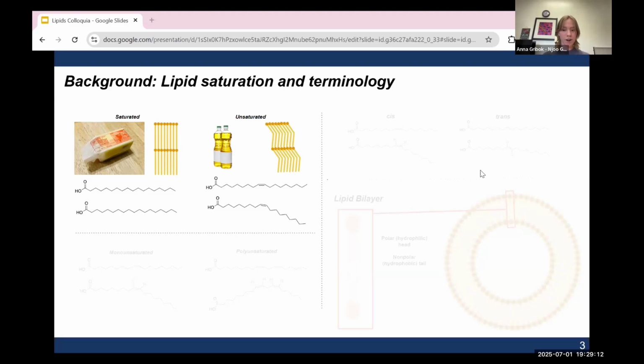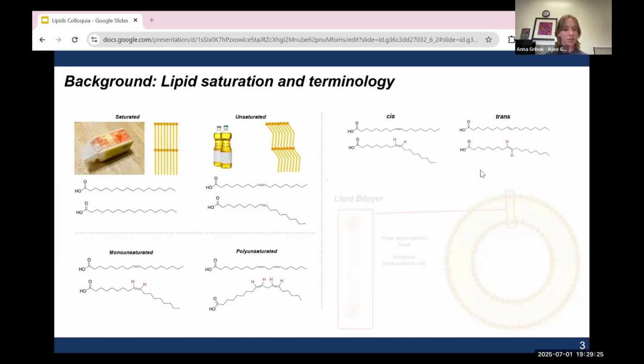Unsaturated fats, on the other hand, have alkenes present on the hydrocarbon chain, which allow it to have fluidity or bending. There are different types of unsaturated lipids, such as monounsaturated lipids and polyunsaturated lipids, which have one or two or more alkenes respectively, as well as cis versus trans unsaturated lipids, which have hydrogens either on the same side or on different sides.